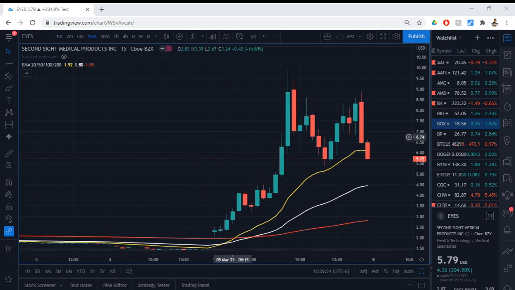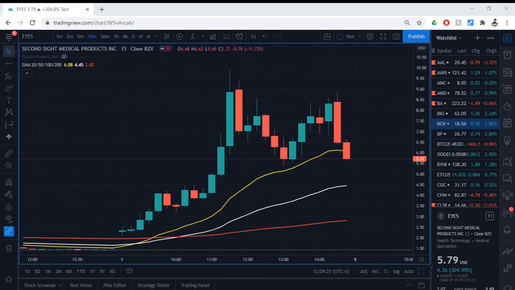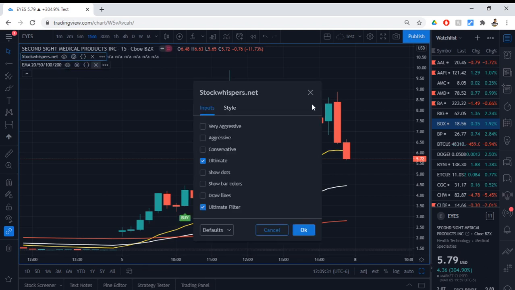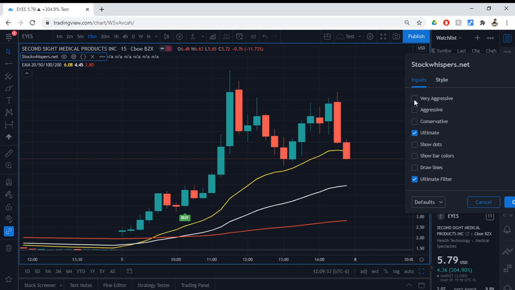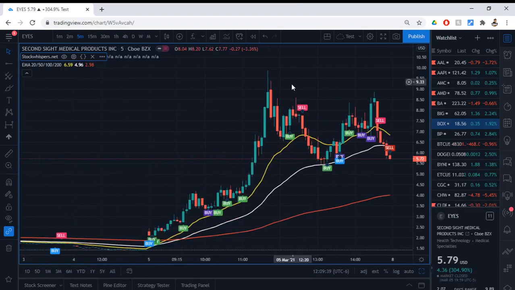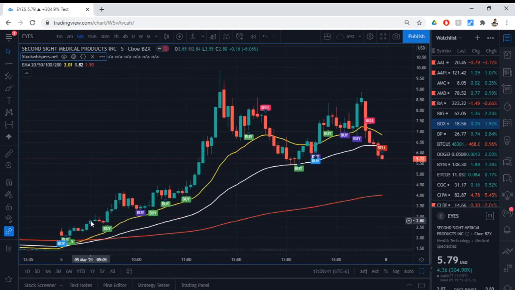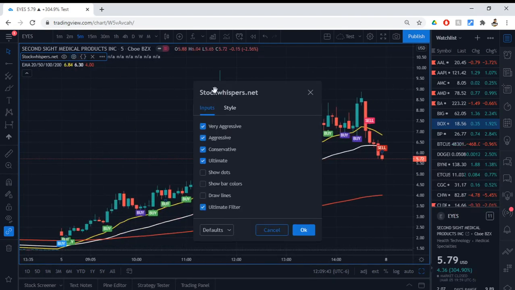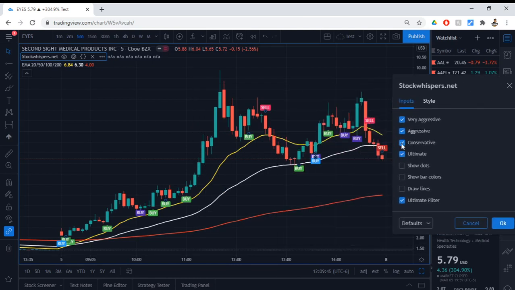So it's also a personal preference. Like all strategies, they give different signals, right? You can come here, and you can turn them all on if you want. Each one abides by different rules. So this one has certain rules to happen, this one and this one and this one.